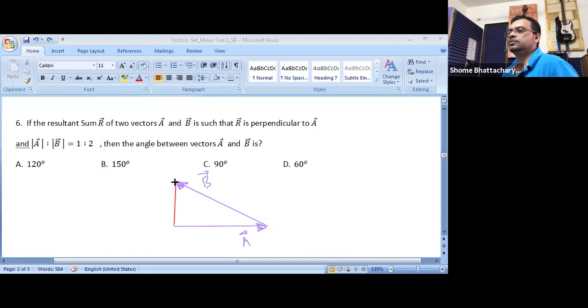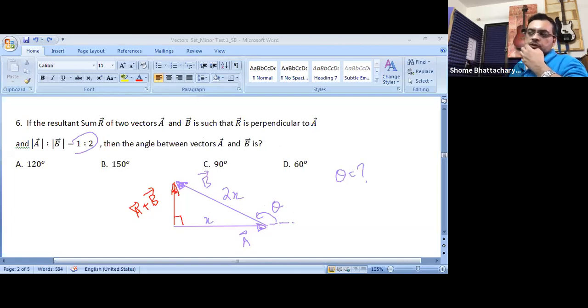The resultant of A and B is becoming perpendicular. This is A plus B. Okay. Now also given that A and B's ratio is how much? 1 is to 2. So if this is x, this is 2x. So now you have to find this angle, theta. So understood, friends, how we do this. This is a right angle triangle.